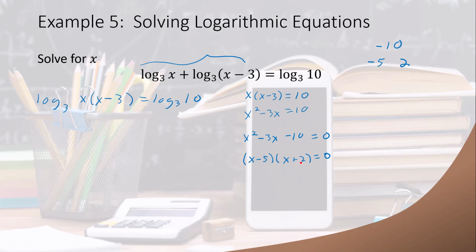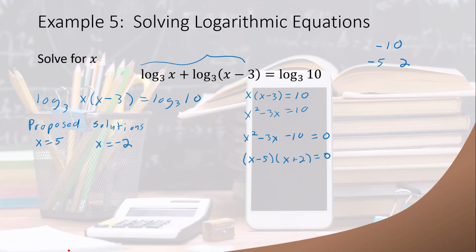And if that's the case, then my proposed solutions are x equals 5 and x equals minus 2. All right, now why are they proposed solutions? Because for them to be valid solutions, these must fall into the domain of the equation.